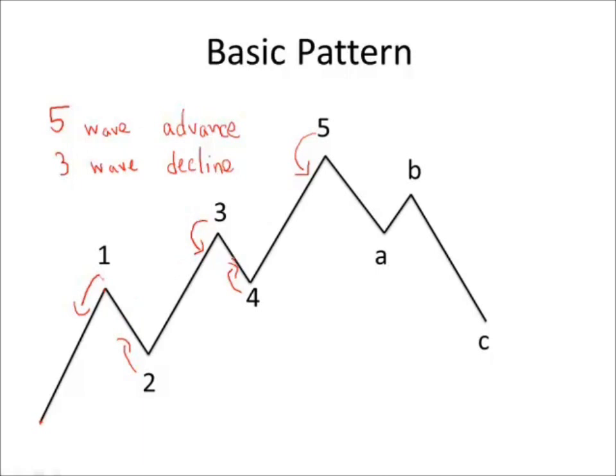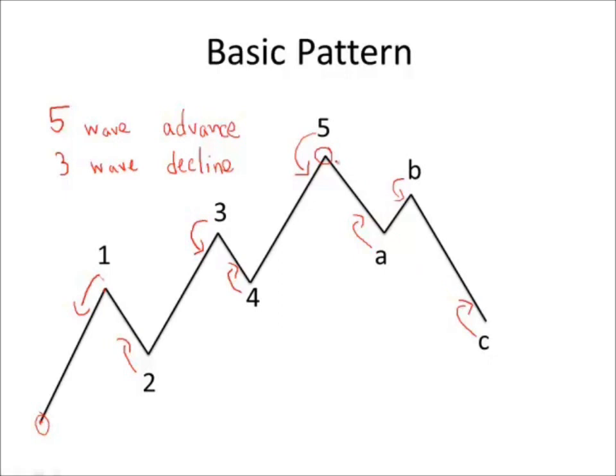Okay? So from wave 1 through 5, we now have our 5-wave advance. So we're starting at this point down here, and we're ending up at this point up here. This is the 5-wave advance, the first part of the waves. After that, we have the 3-wave decline. And that's going to be wave A over here, wave B over here, and wave C over here.